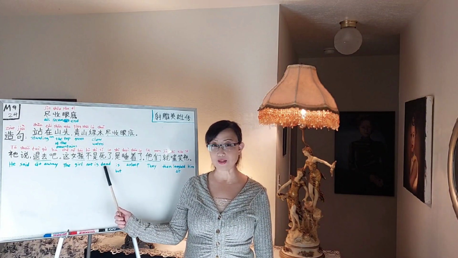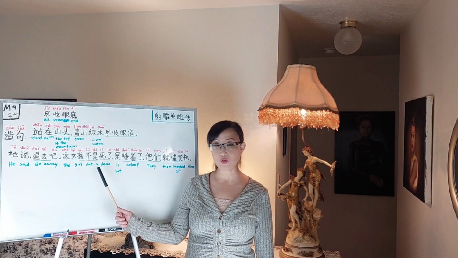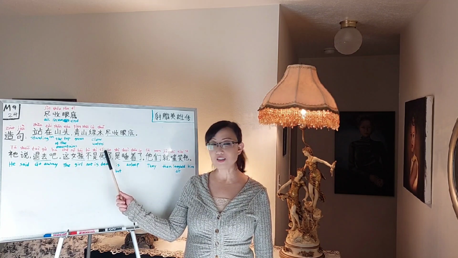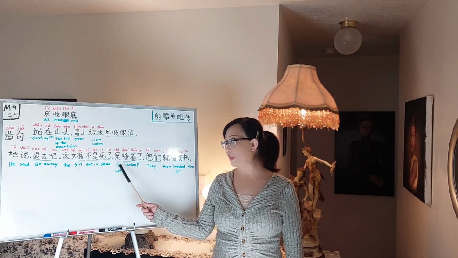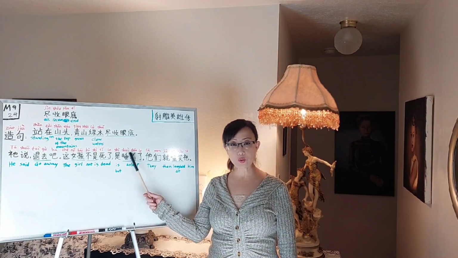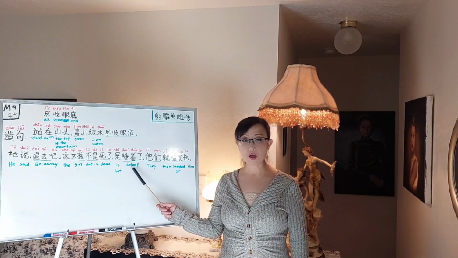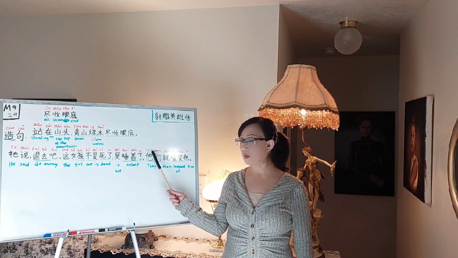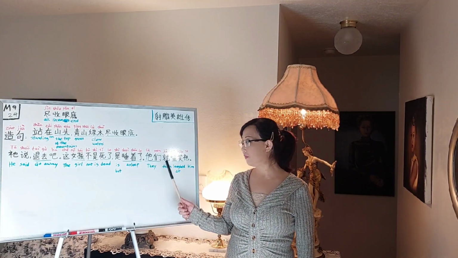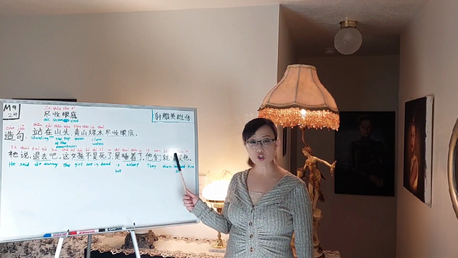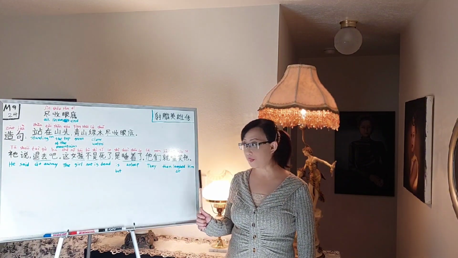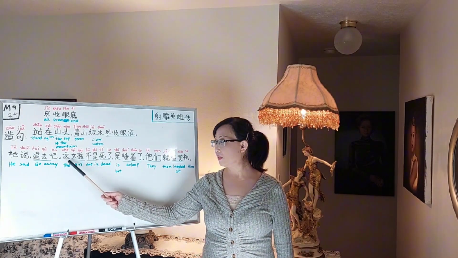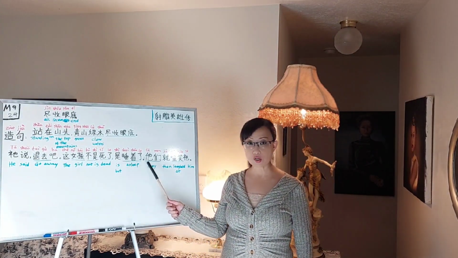I know the opposite is not right, but in Chinese we say 不是, so not is okay. 死了 is dead. 是 is but in this case in English is but. 睡着了 is asleep or sleeping. 他们 is they. 就 is then. 嗤笑 is laughing at. 他 is him. 他说退去吧这女孩不是死了是睡着了他们就嗤笑她.